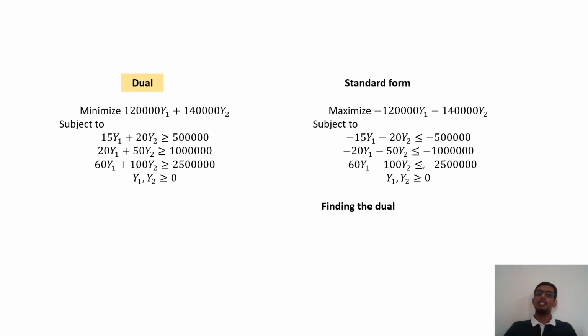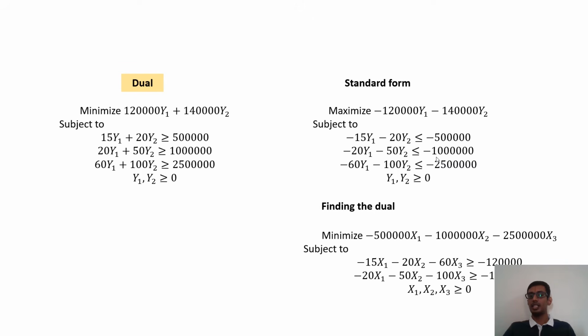Now you need to find the dual of this standard form. So what are the three variables coming in here corresponding to the three constraints? X1, X2 and X3, right? You have the first objective as minus 5 lakh X1, minus 10 lakh X2, minus 25 lakh X3. Now X1, X2 and X3 are the variables defined corresponding to these three constraints here, right?